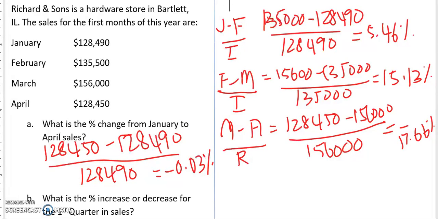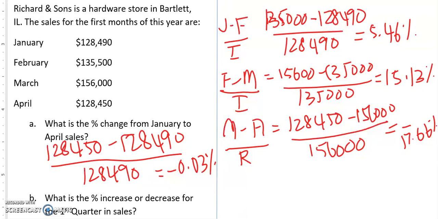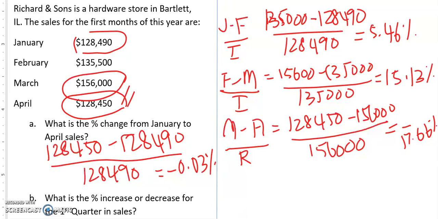I don't have that number, so I'm going to use 128,490 as my number for January, and 156,000 for March.